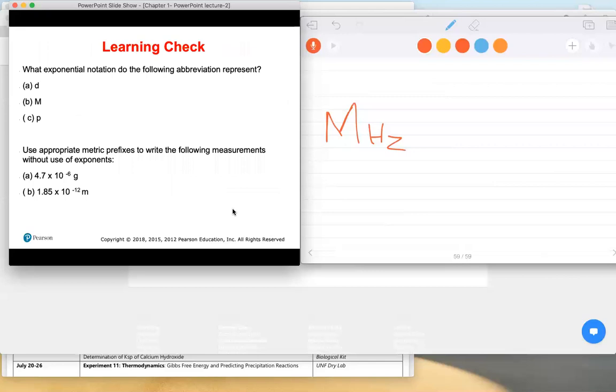So back to where we are, how can you be tested? What do you expect? Question from the prefixes. Either what exponential notation do the following abbreviations represent? Deci, I believe A, all right, 1 times 10 raised to negative 1. Decigram, you know. B, this is 1 times 10 raised to 6.